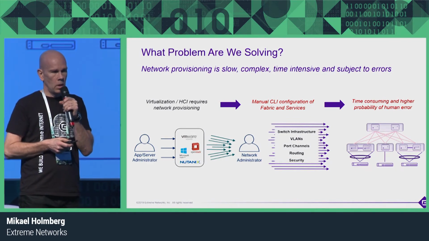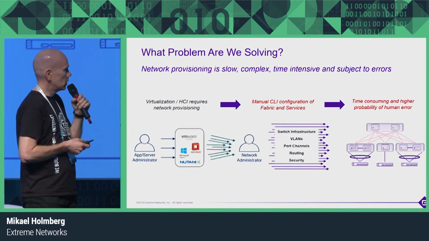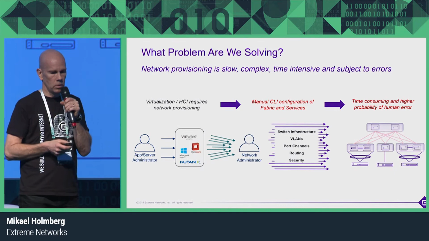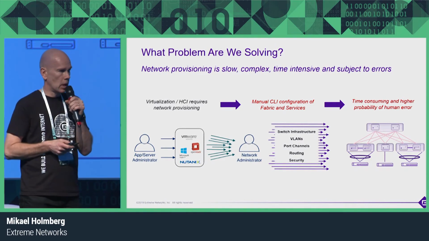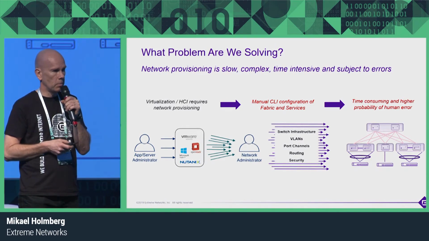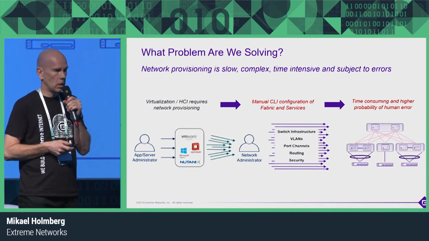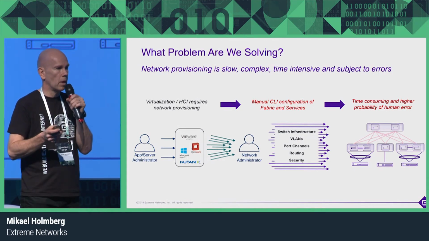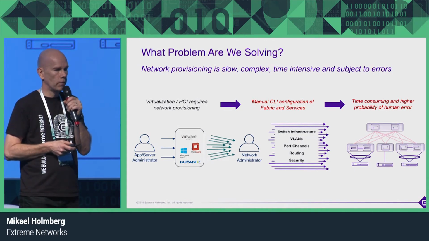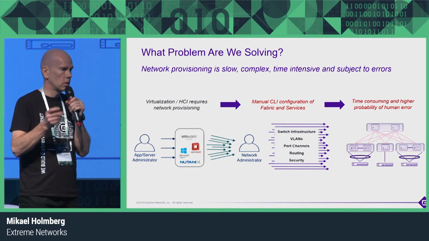Now, you have your virtualization and your hyperconverged infrastructure requirements from the app and server admin, as well as from the network admin part. So what happens is that the guy on the left-hand side talks to the network admin, and he starts to provision your basic plumbing, being the network itself, which is your switch interfaces, your VLANs, your routing, you name it.